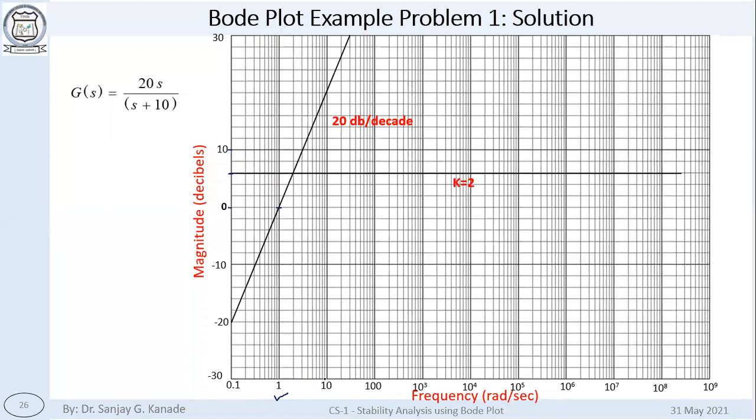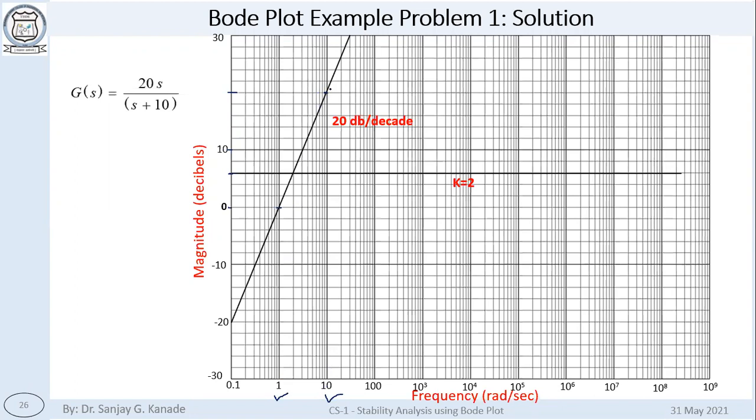That means at omega equal to 10, the magnitude has to be 20. Is this 20? See here, 10, 12, 14, 16, 18, 20. So this is 20 at omega equal to 10.